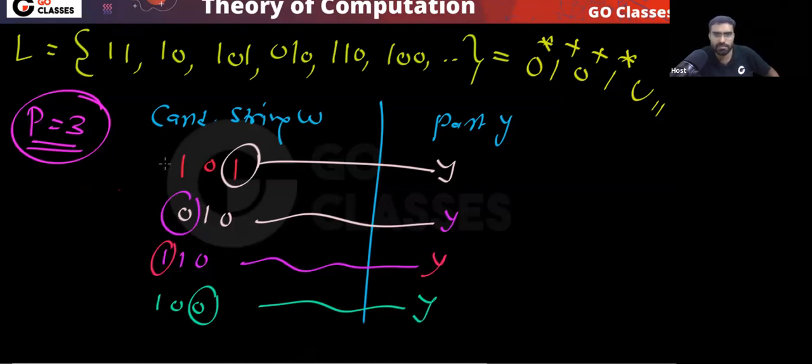But can you guarantee P equal to 3 will work? Is there a guarantee? Yes, you can guarantee actually, because look at your language 0*1+0+1*.